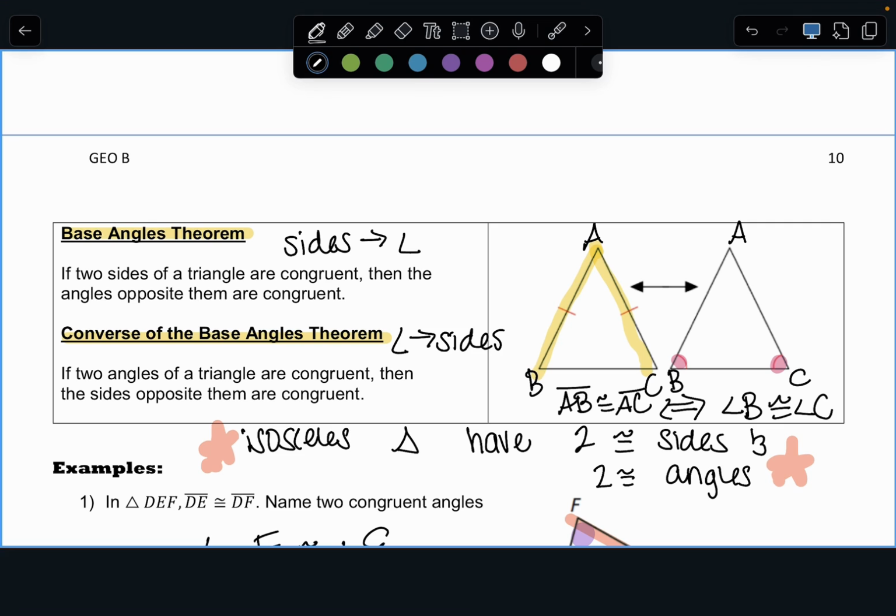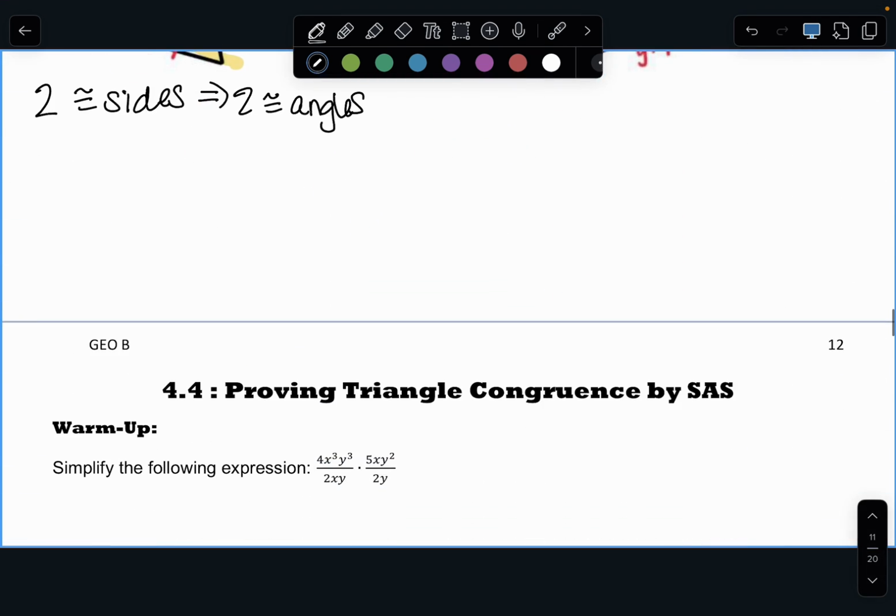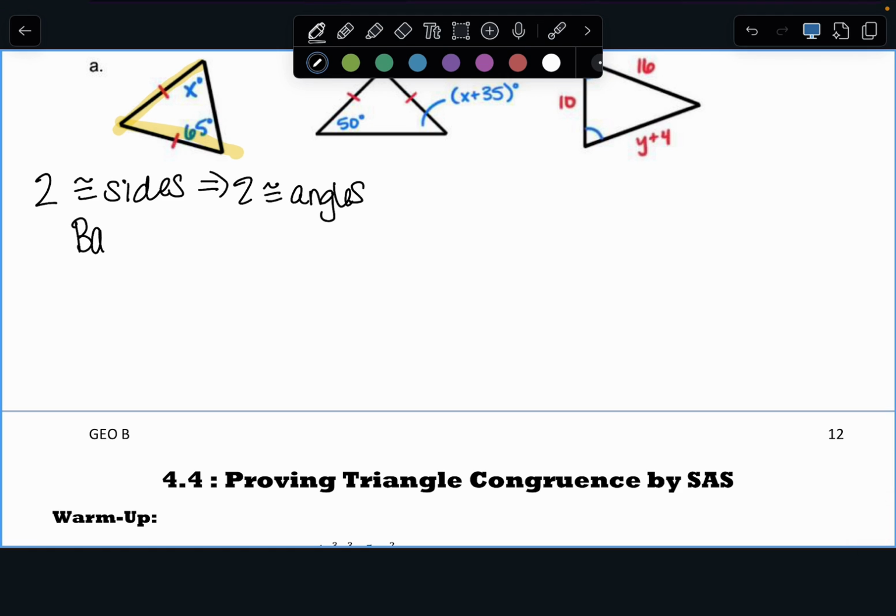Which one goes from sides to angles? Base angles theorem. Okay? So here we're using the base angles theorem. And what we're going to do is set these 2 angles equal to each other. So what does x equal? 65. 65, that's it.